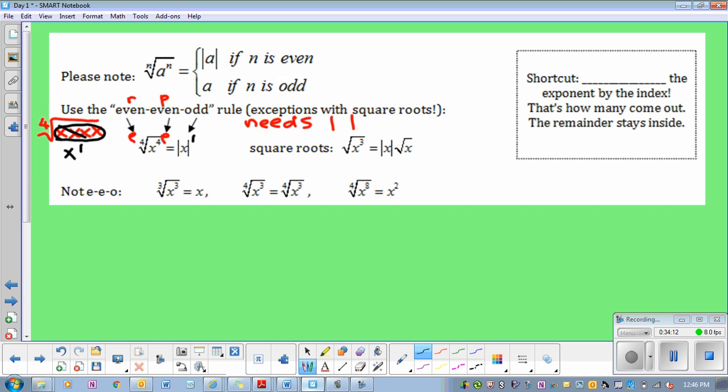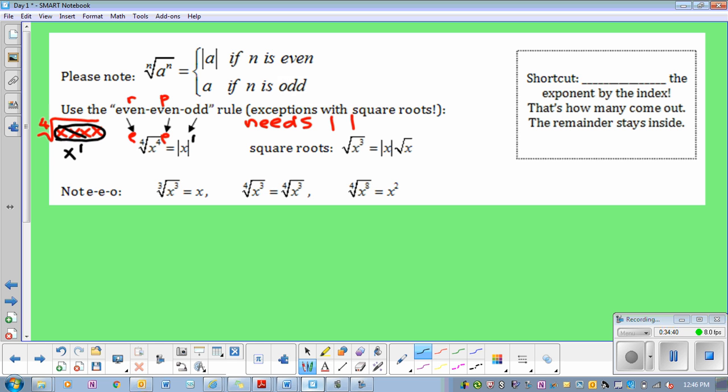Because of the definition of the square root, whenever you have the even root, the answer is the positive one. That's the mathematical definition. So, for example, the square root of 4 is always 2. It's not negative. Even though x squared equals 4, we say plus or minus 2, the square root of 4 by definition is a positive number, 2.